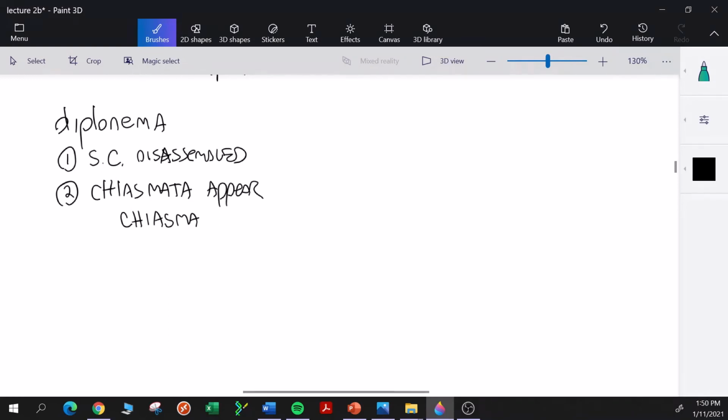And what do they look like? If we opened up a meiotic cell and stained the DNA and looked at it under a microscope, we should see the tetrads, or bivalents, same thing, looking something like this, held together by at least one chiasmata.